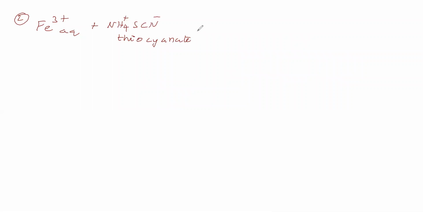What is the result? Fe3 plus takes SCN minus and gives Fe(SCN)3. It is called ferric thiocyanate, and it has a blood red coloration.